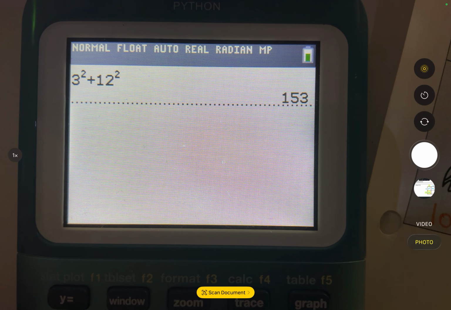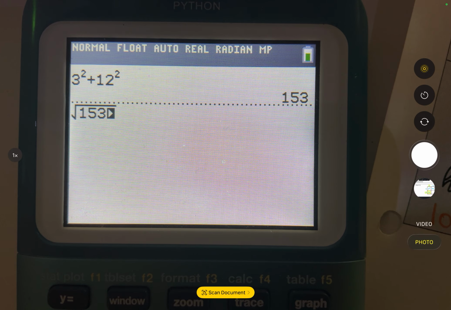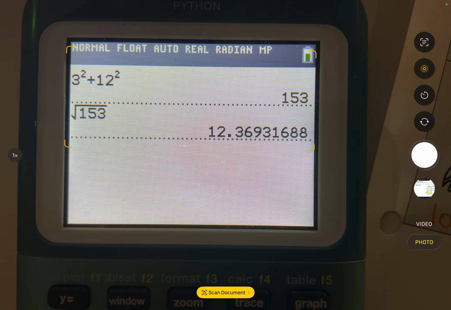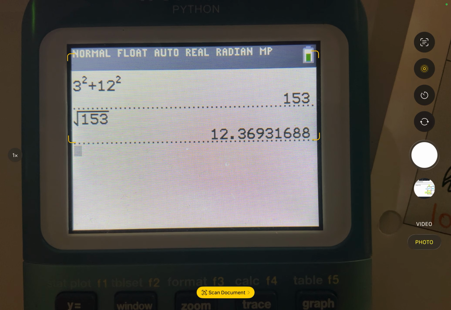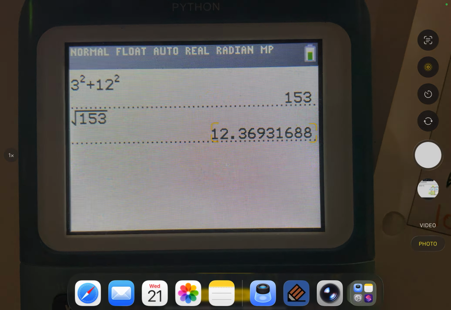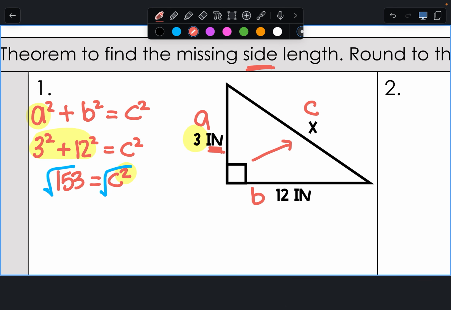So you press second, x squared, put a 153 in there. Push enter. Yeah, 12.36. So the side C is 12.36. Okay.